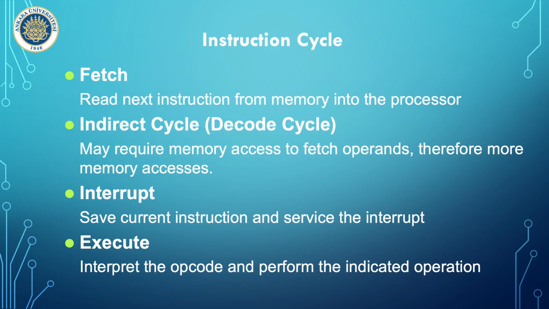Third, in the execute cycle, the CPU carries out the specified operations, such as an arithmetic calculation or a data movement. Finally, an interrupt cycle may occur to handle any pending interrupts before the next instruction is fetched. These subcycles give a more detailed view of what is happening inside the CPU.